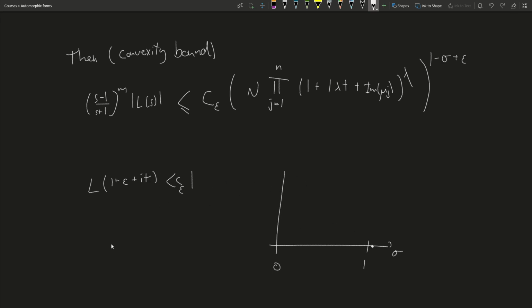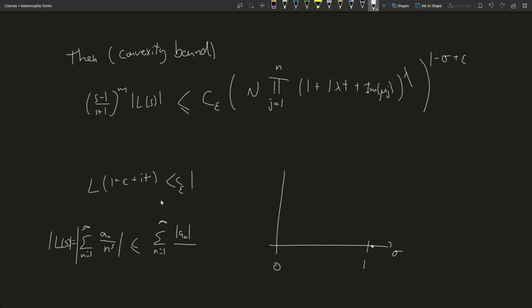Because if you just look at a series definition for L of s, you can take absolute values, and the absolute value of this is, by the triangle inequality, less than or equal to the sum over n from 1 to infinity of a_n over n to the sigma, and taking these absolute values is fine.